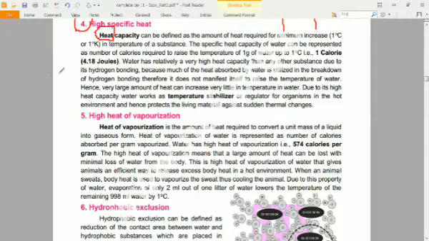It is the amount of energy which is utilized or needed to raise the temperature by 1 degree Celsius, or 1 degree Kelvin. The energy which is required to raise that temperature is called heat capacity.